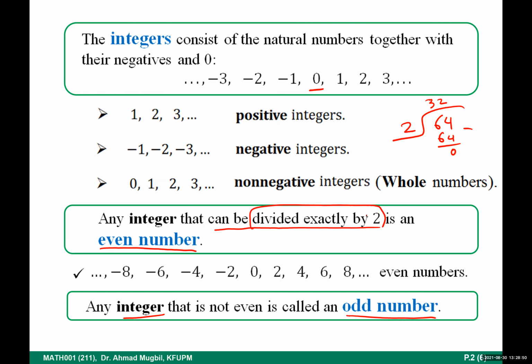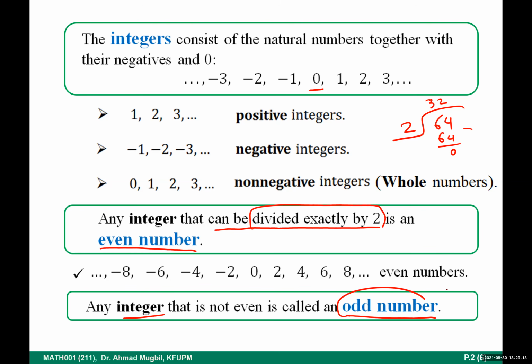And these numbers are what? Are the multiples of 2. 2, 4, 6. Go to the left. 2, 0, -2, -4, -6, and so on. Okay. And the remaining numbers, after removing all the even numbers, are called odd.